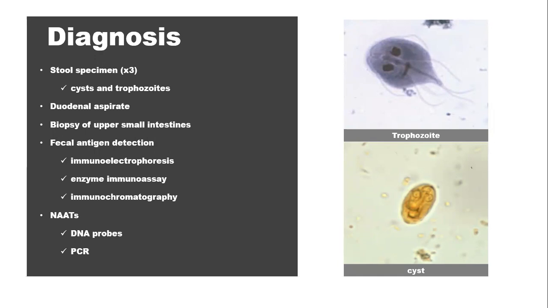Other approaches to diagnosis include fecal antigen detection using different assays like immunoelectrophoresis, enzyme immunoassays, or immunochromatography. These are all different approaches trying to detect the fecal antigen in stool samples. You can also perform nucleic acid amplification tests, either through DNA probe assays or polymerase chain reaction.